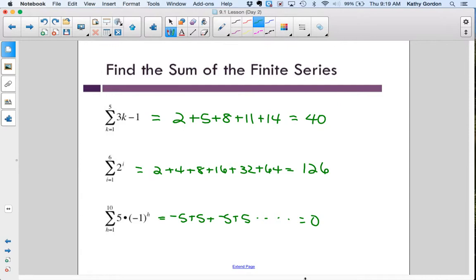And if you can see a pattern like that, you don't necessarily have to write out all 10 terms. You just know that because it's 10 and it's even, everything will cancel out. So again, sequences and series are all about patterns, and if you can see a pattern that helps you get your answer, use it.